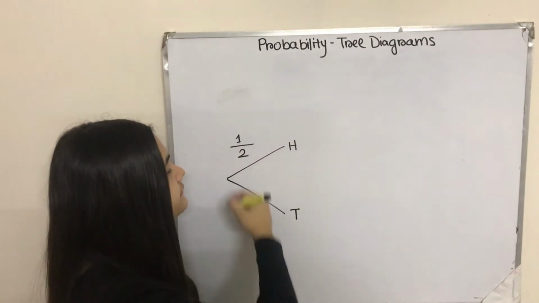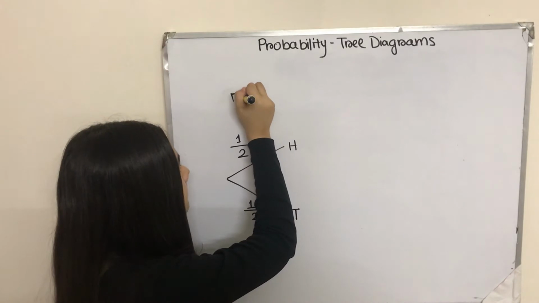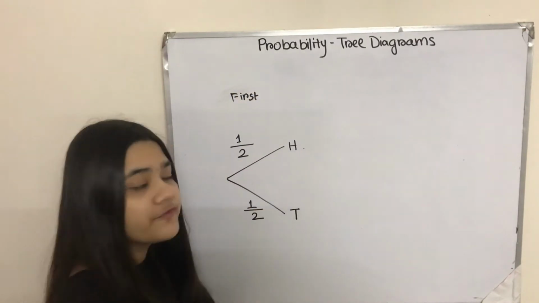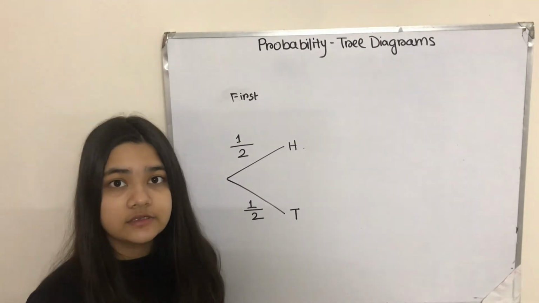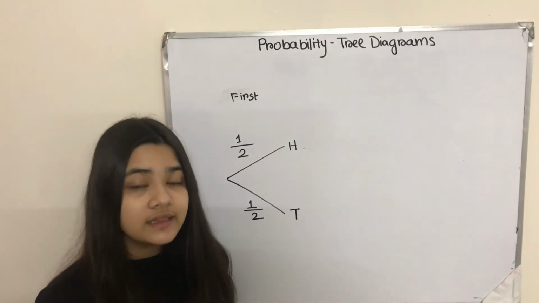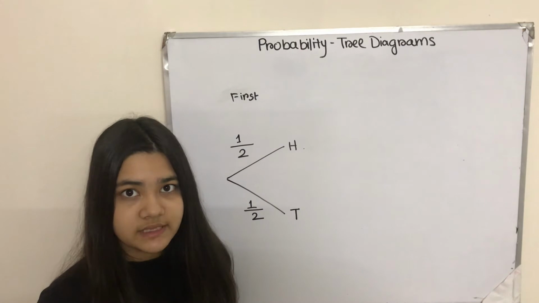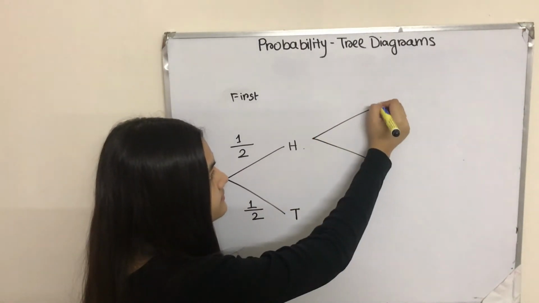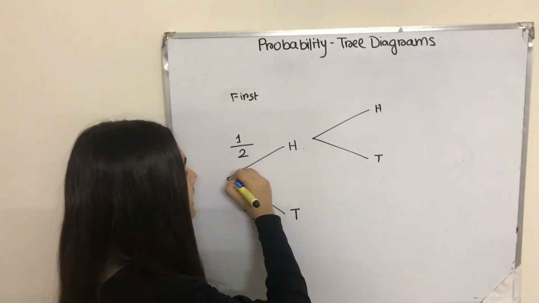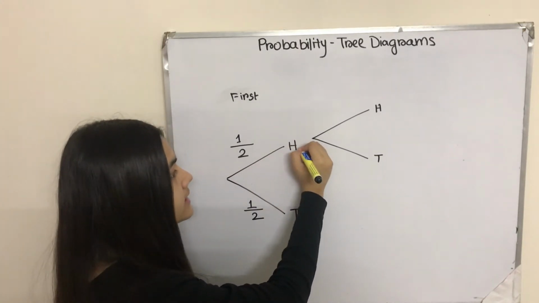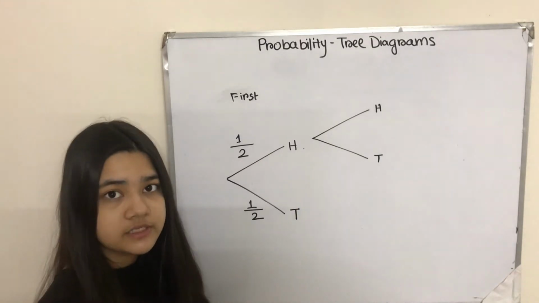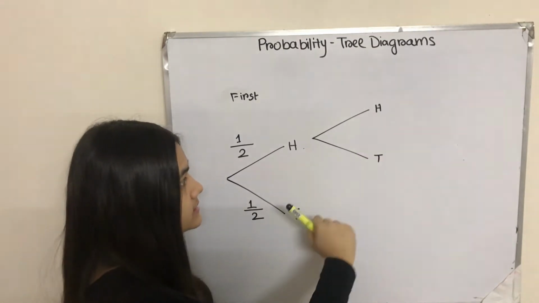Now this is for the first coin toss. If I get heads in the first coin toss and then I toss the coin again, I'll have 2 possibilities, heads or tails.